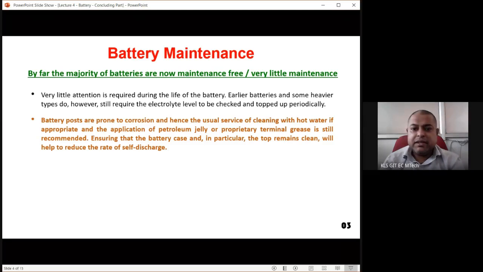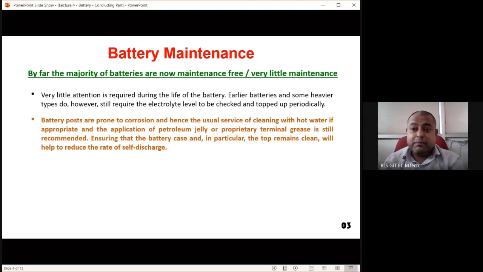Petroleum jelly actually makes the contact better, so putting some grease on the terminal is recommended. Though regular maintenance is not required in present day batteries, we can check between the two posts how much voltage is developed, whether 12 volt is there or not. All those things we have to check.